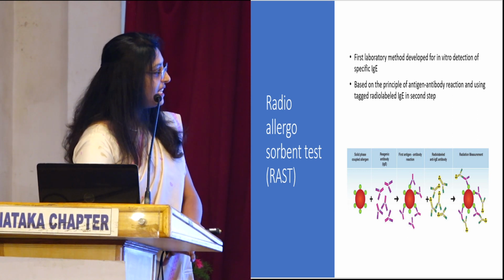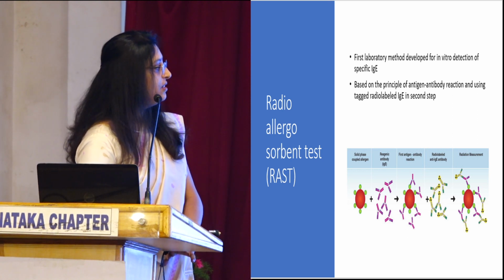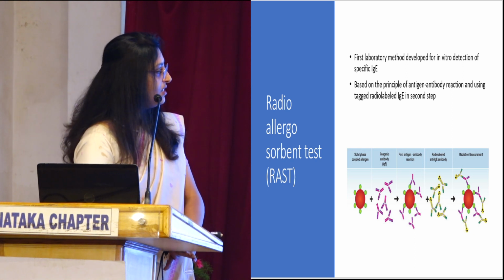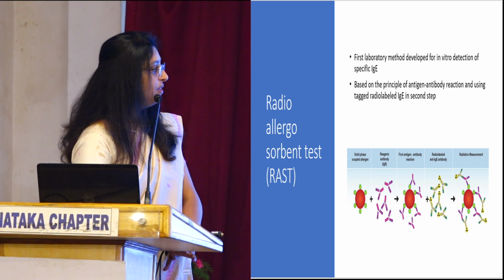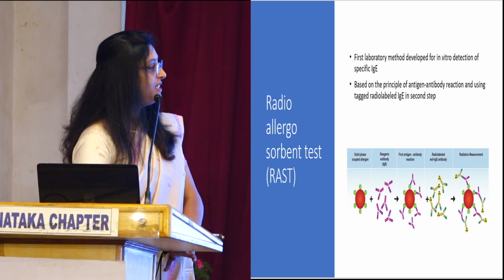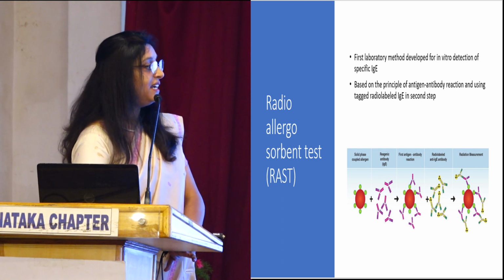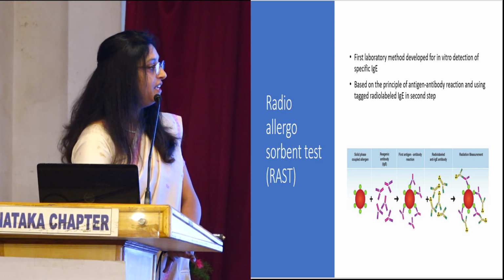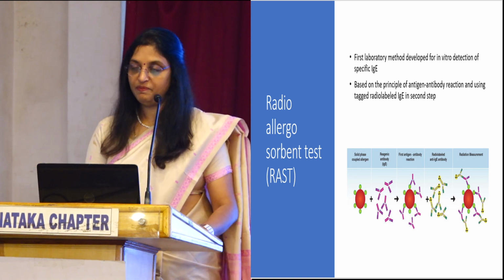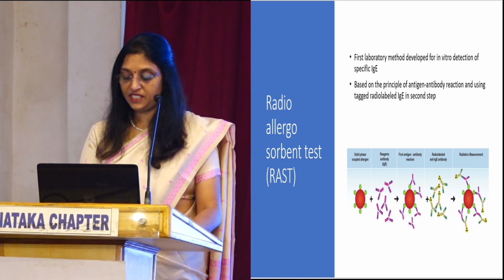So to begin with, as I said, the first test was the radioallergosorbent test, where the allergen is coated onto the solid phase, and when the patient's sample is added, the IgE antibodies bind to it. A secondary antibody is added, and then with a radio detector you measure the reaction.